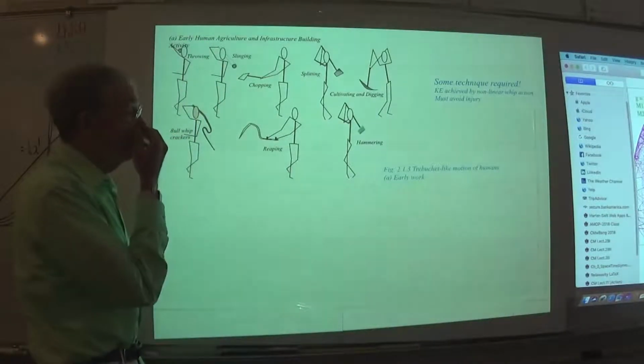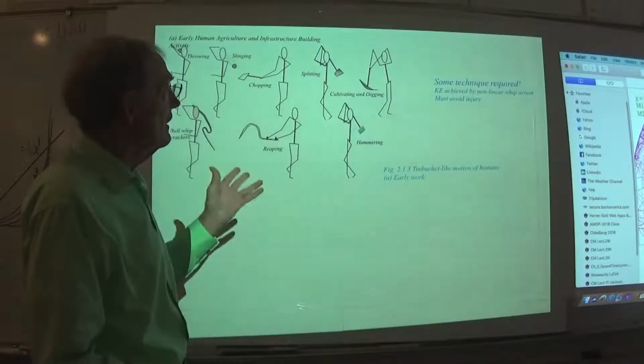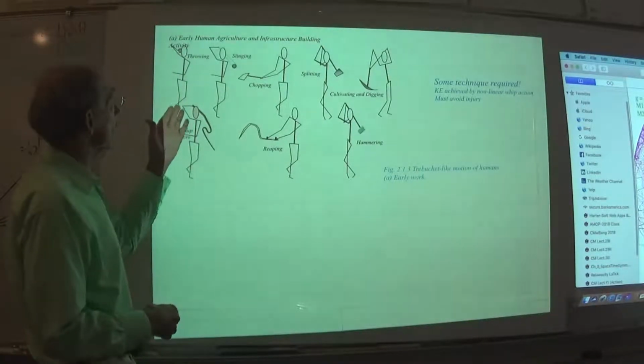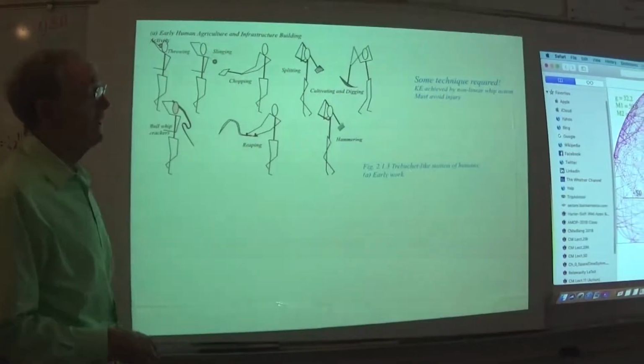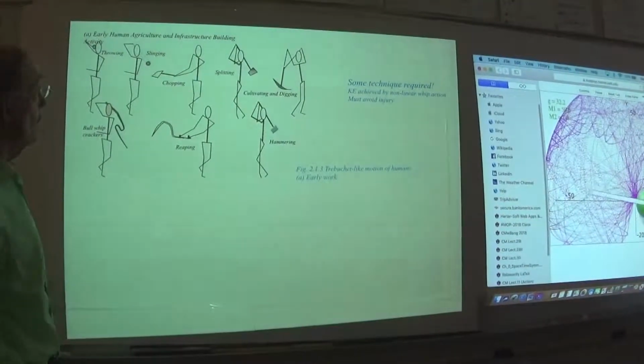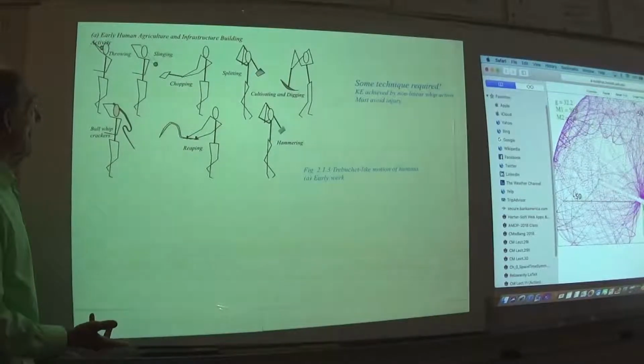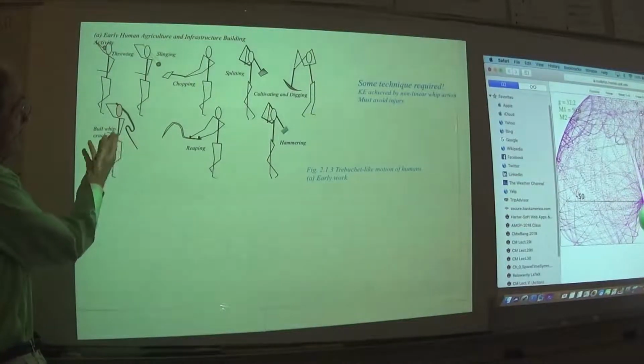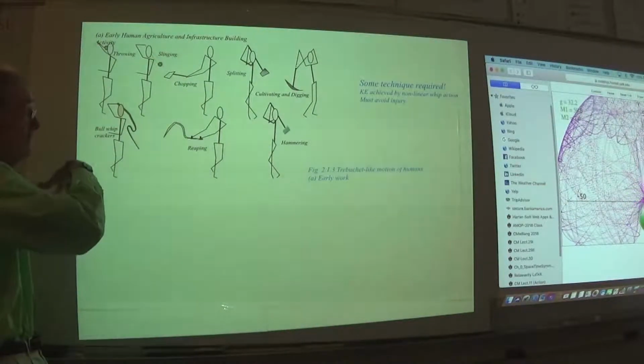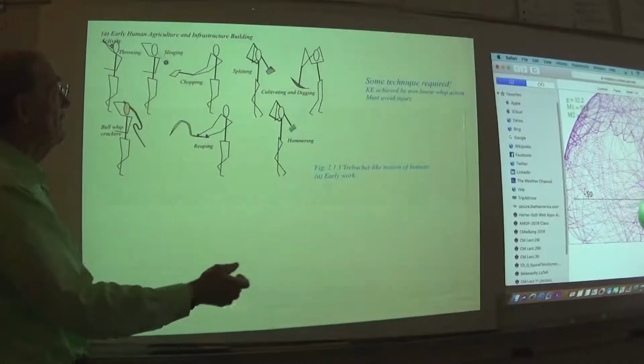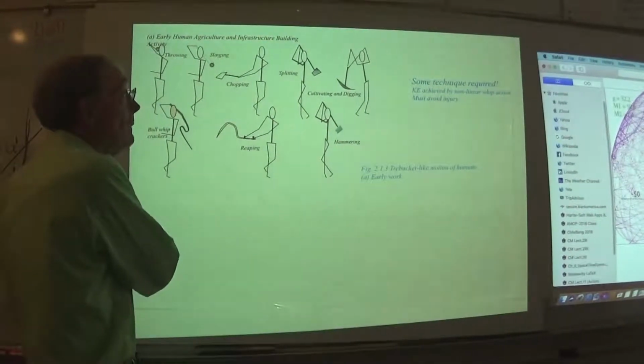Now here's where the history comes in. What the trebuchet is really doing is imitating some of the motions, throwing in particular, that humans can do. The extreme case is throwing a bullwhip. The idea is to get this whipping motion, to get some kinetic energy into some object.